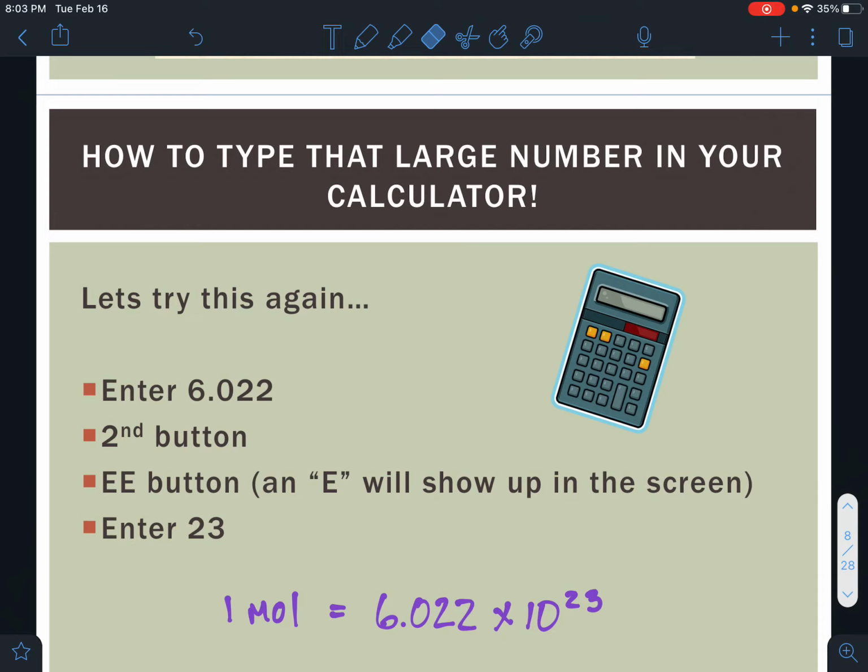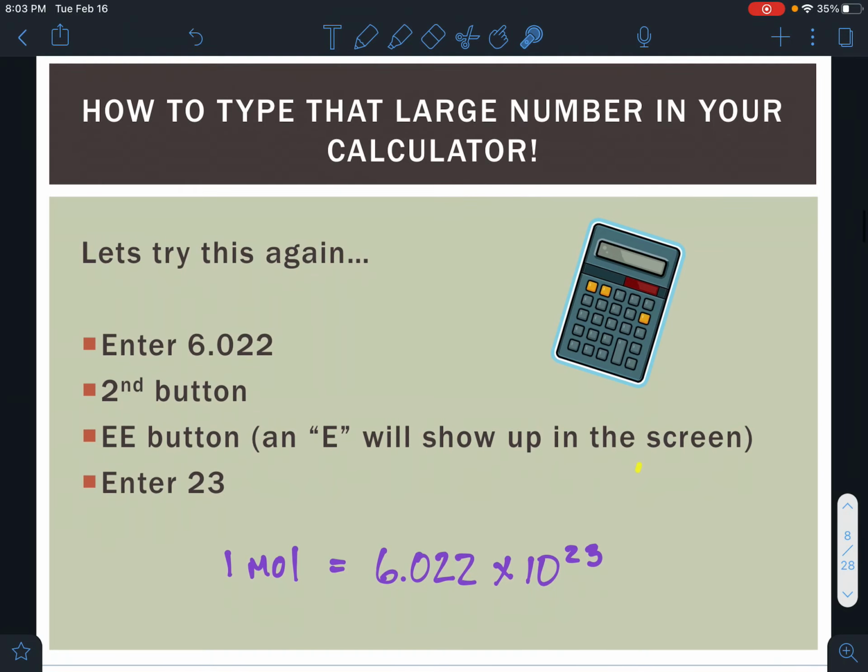For my calculator, which is a TI-30X, and for the graphing calculators, this method works very well. So you first would enter what is in front of the times 10, the 6.022, into your calculator.